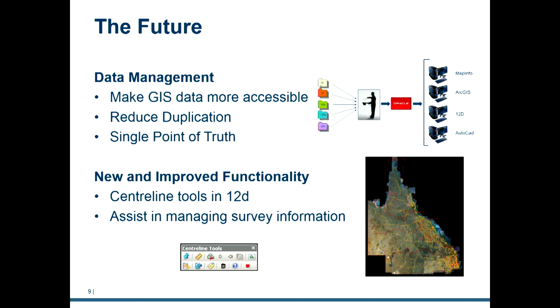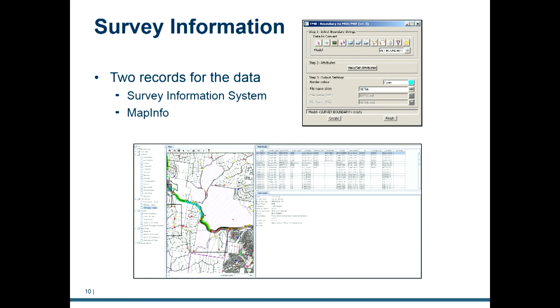We're also looking at using 12D to better manage our survey information. Currently, we have 2 records for survey data within the department. The first is our survey information system, shown at the bottom there, that gives us a unique file number for all our surveys and shows an approximate location of where the survey has been performed.